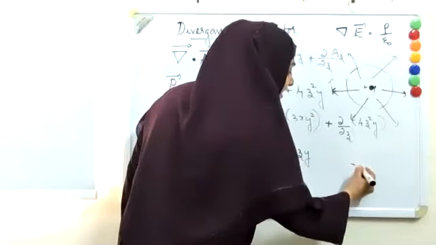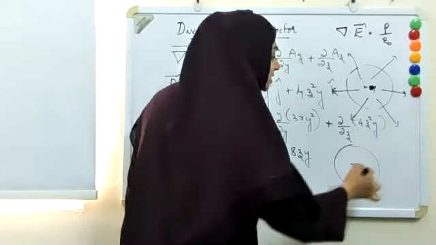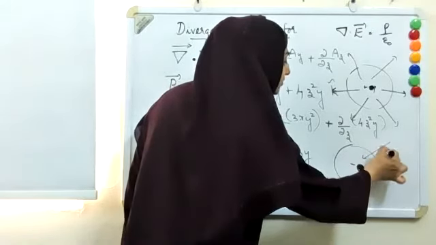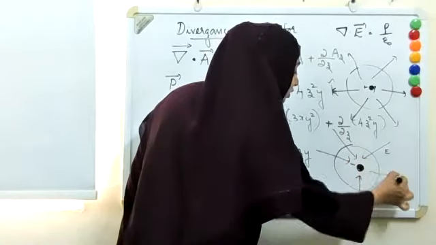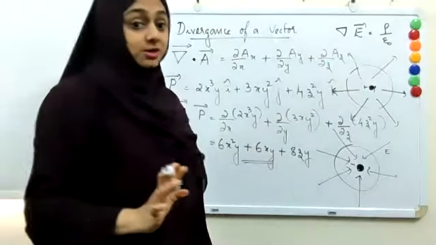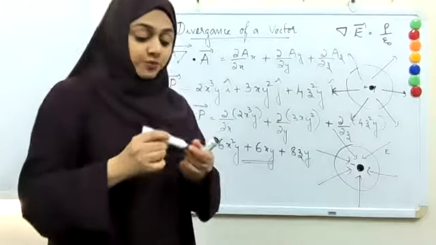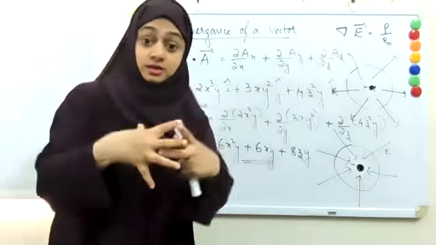Suppose I have a solid negative charge. If I take a sphere, we know that the electric field will be all pointed inwards, right? So the divergence will be minus rho by epsilon naught. So it's a negative quantity. When the divergence is negative, it means something is coming in.